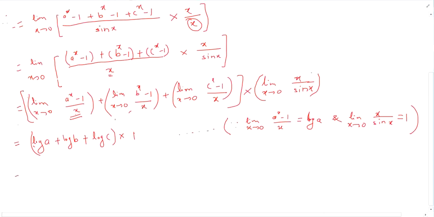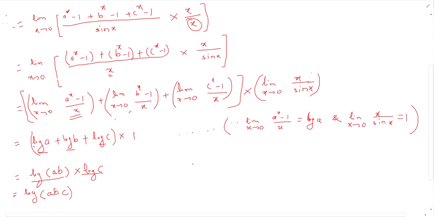Our next step will be: since we have log A plus log B plus log C, by using the laws of logarithm we can write log A plus log B is equal to log AB, into log C. We can directly write the product by using the generalization, but for your understanding, since we have two logs, it is equal to log of ABC.